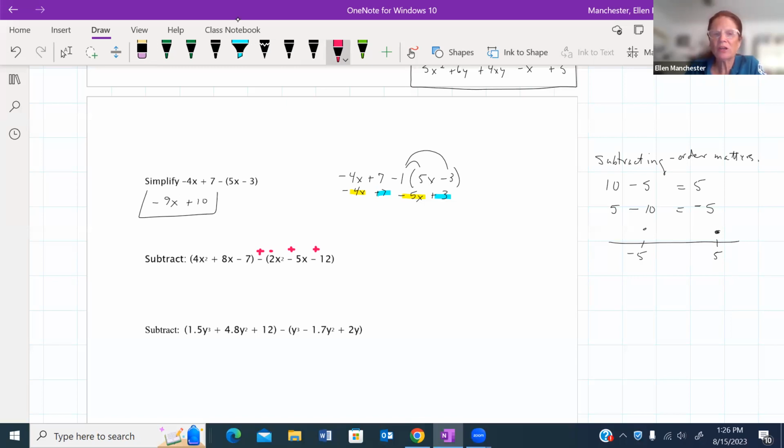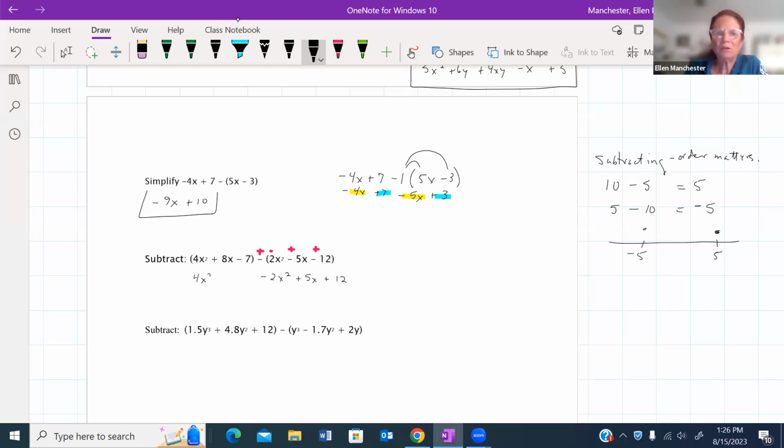Because we're adding the opposite, which is exactly the same as multiplying -1 times 2x squared, and I get a -2x squared. -1 times -5 becomes a +5x, and -1 times -12 becomes a +12.